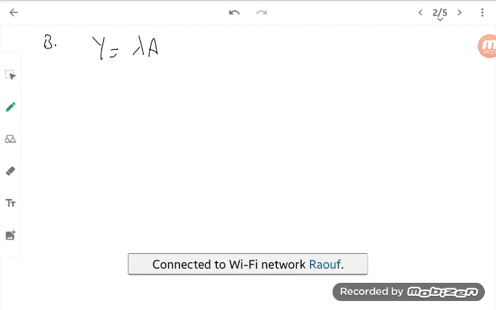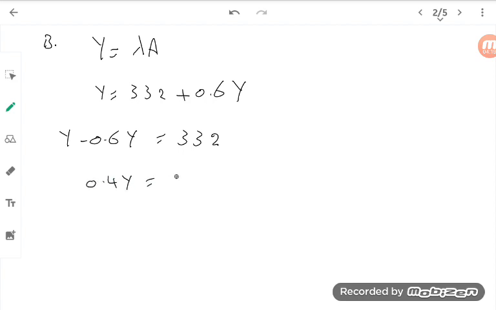Or, as we said, Y equals 332 plus 0.6Y. So we can write it as Y minus 0.6Y equals 332. So 0.4Y. So equilibrium Y, or equilibrium level of real GDP, is 332 divided by 0.4. So it is 830. This is the equilibrium level of real GDP.